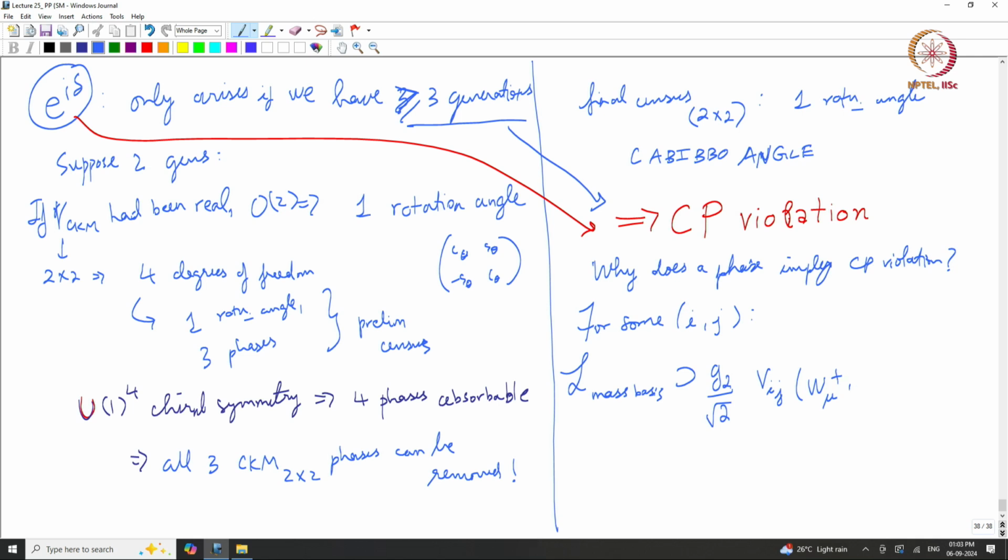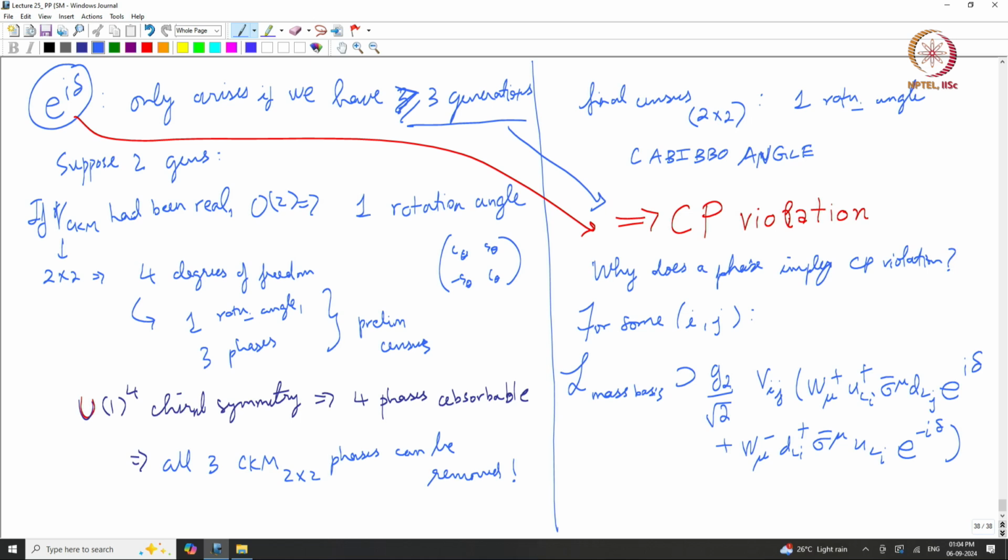So, let us write this UL dagger sigma mu DLj, but now with an e power i delta. Now, I write the Hermitian conjugate, what happens? I will have a W minus, then I will have a DLi dagger, right, and I still have this. Now, the UL dagger becomes UL, and most importantly the phase has now gone to a minus of itself, the e power minus i delta. Okay?